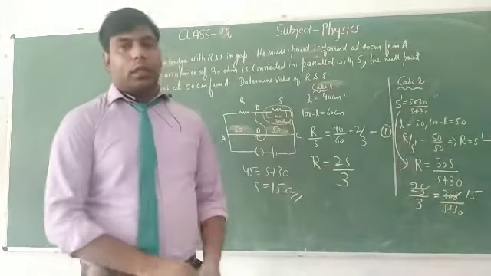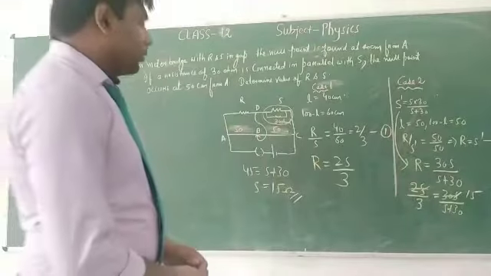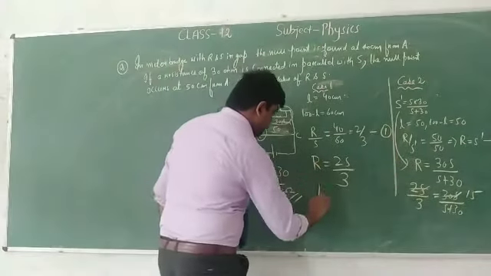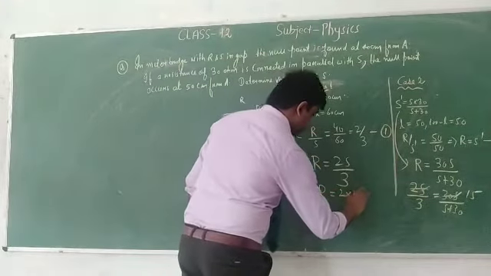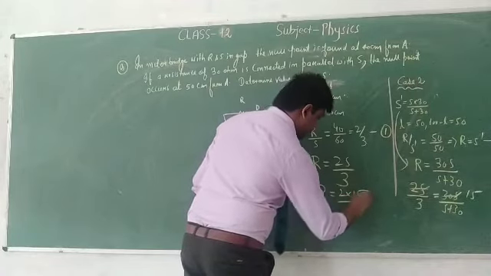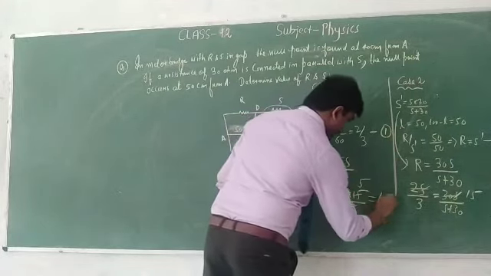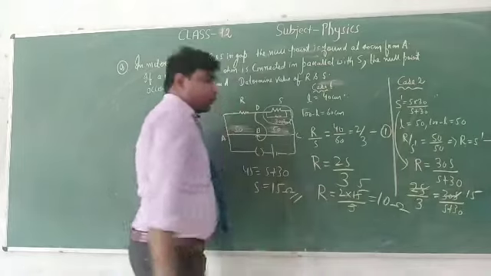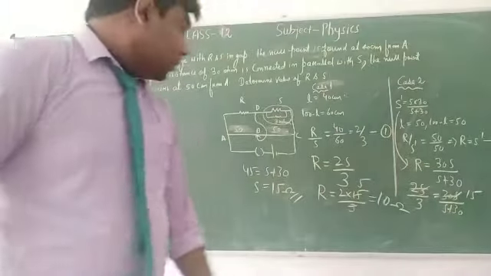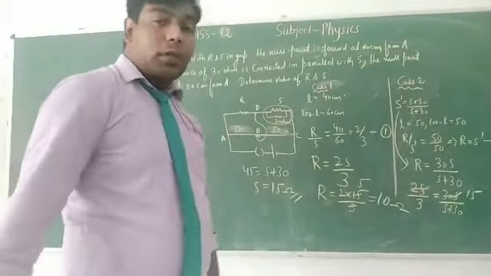On simplification we get S equal to 15 ohm. So R equal to how much? That is, we are getting S equal to 15 ohm and R equal to 10 ohm. Right?